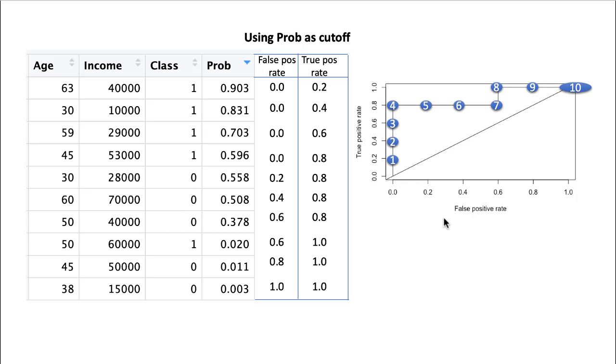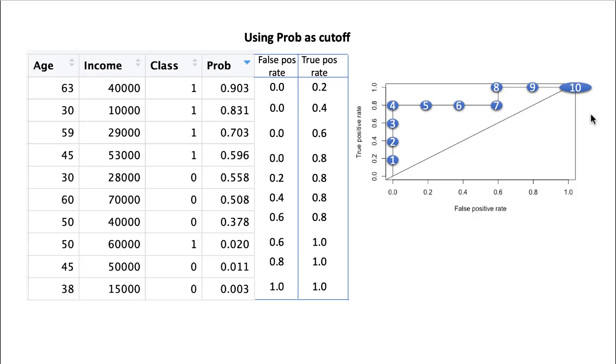So for example, if you go through this process and you're identifying true positives at the same rate as you're identifying the false positives, then you'll get this curve. That means your model is not helping you at all. The model is just predicting the natural proportions which exist in your data.